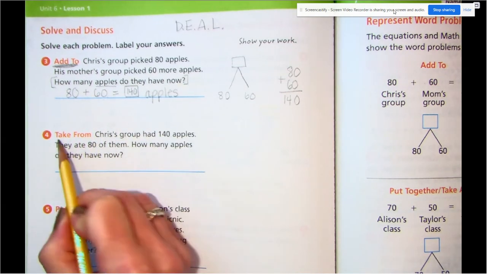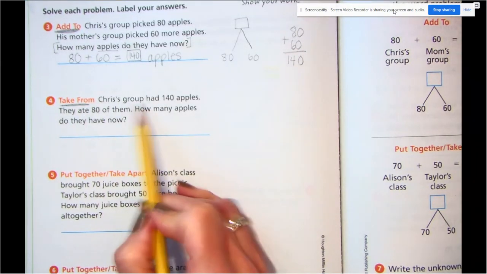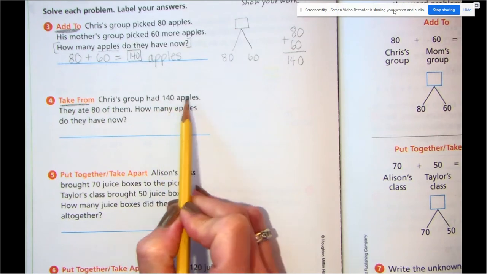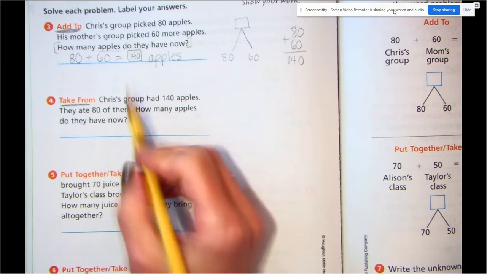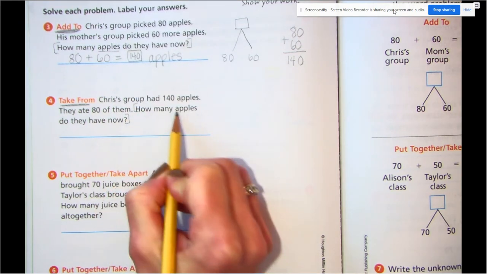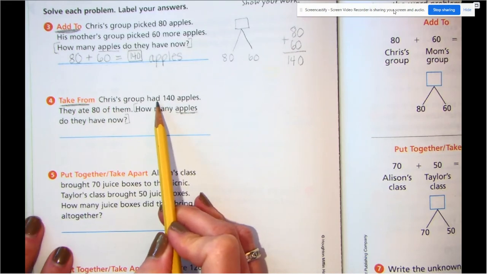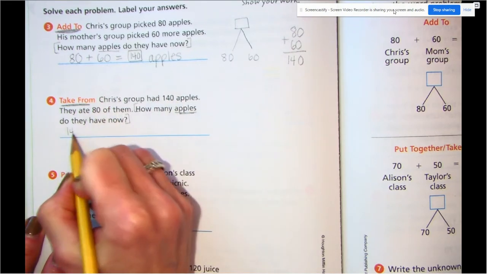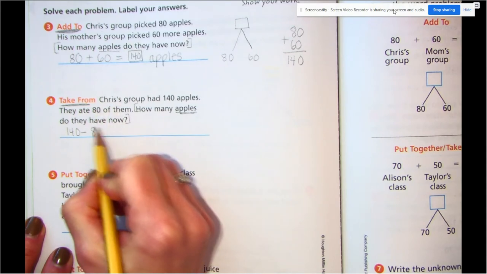Okay, now we're going to do a take from. Okay, we're taking something. Chris's group had 140 apples. They ate 80 of them. How many apples do they have now? Right? So taking from, we have 140 and they're taking 80 away, right? Because they ate them up.